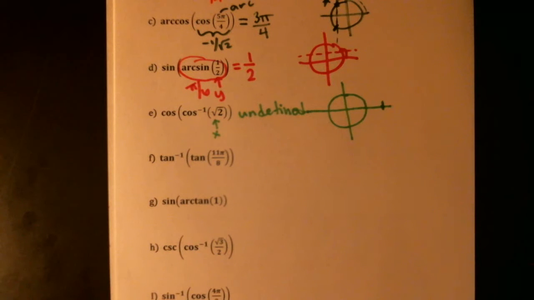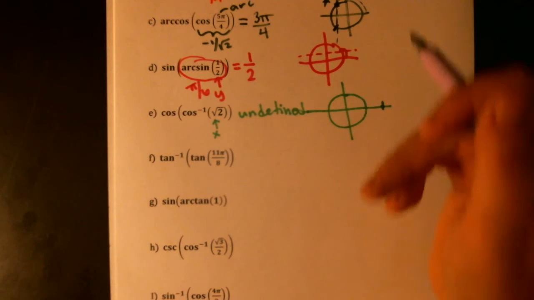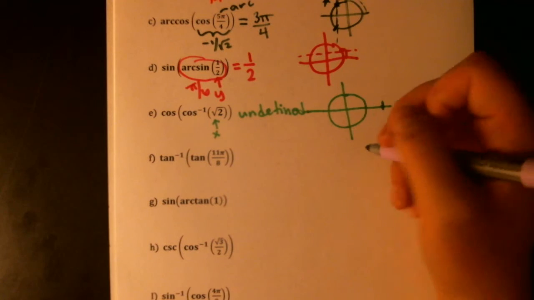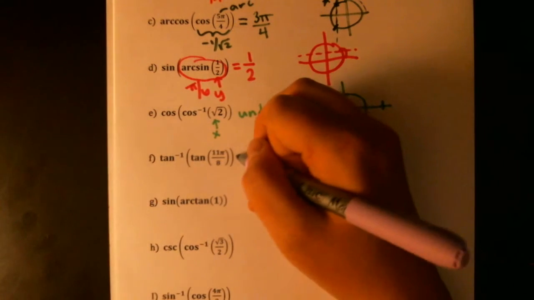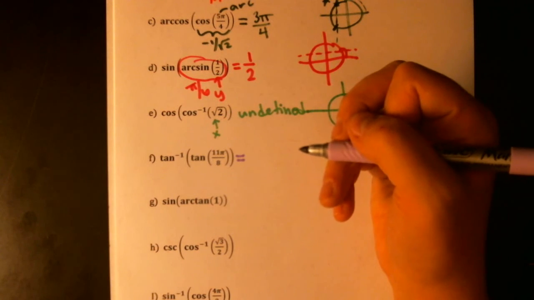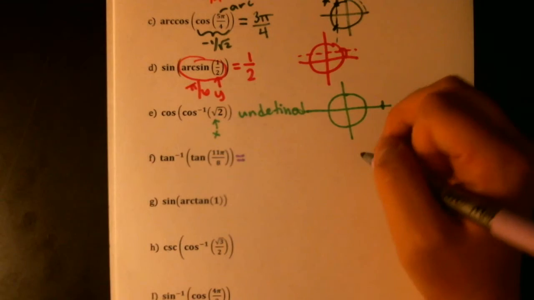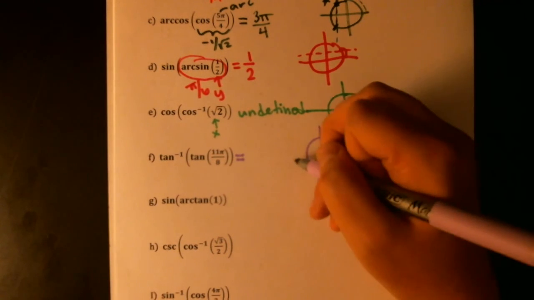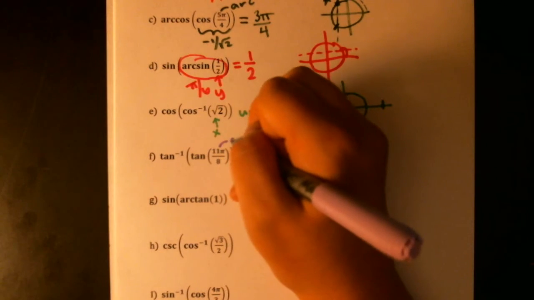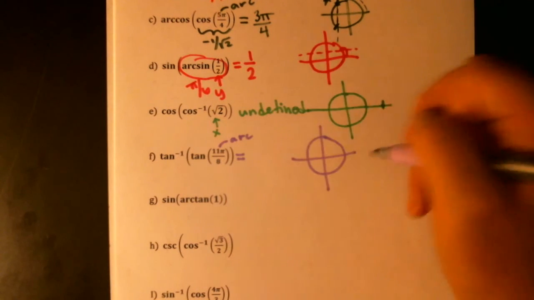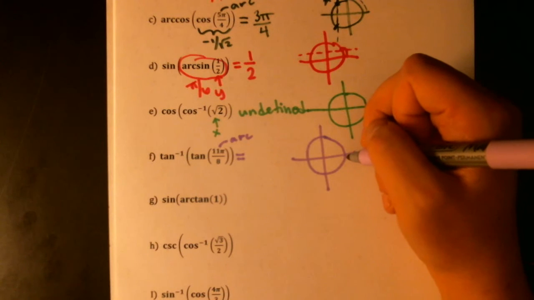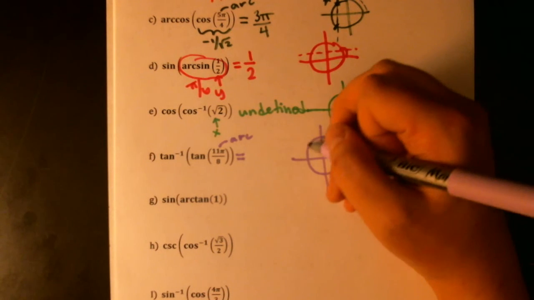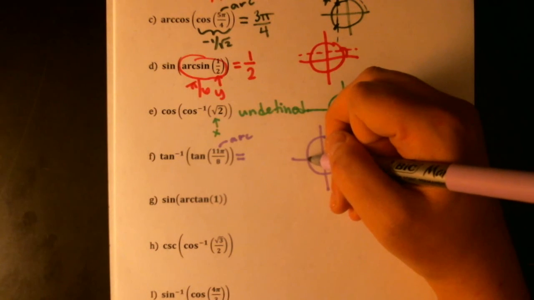What about inverse tangent of 11 pi over 8? Okay, so once again, I'm seeing those inverses. I'm hoping to get 11 pi over 8, but I do have to be careful. So if we say, all right, this went into tangent first, so it's an arc length. If I go 11 pi over 8, let's see, 8 pi over 8 lands me right here.